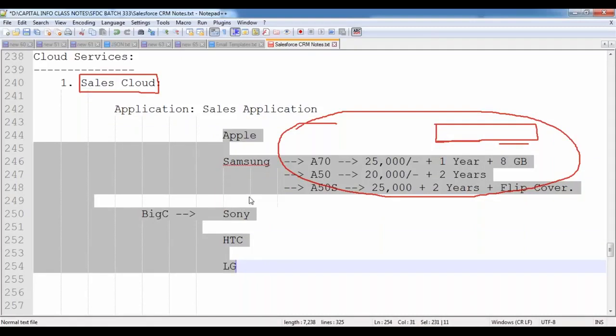In order to automate all the sales processes which we are following inside the organization, we are using this Sales application. Ready-made features are available inbuilt inside this application through which we can automate our sales processes.